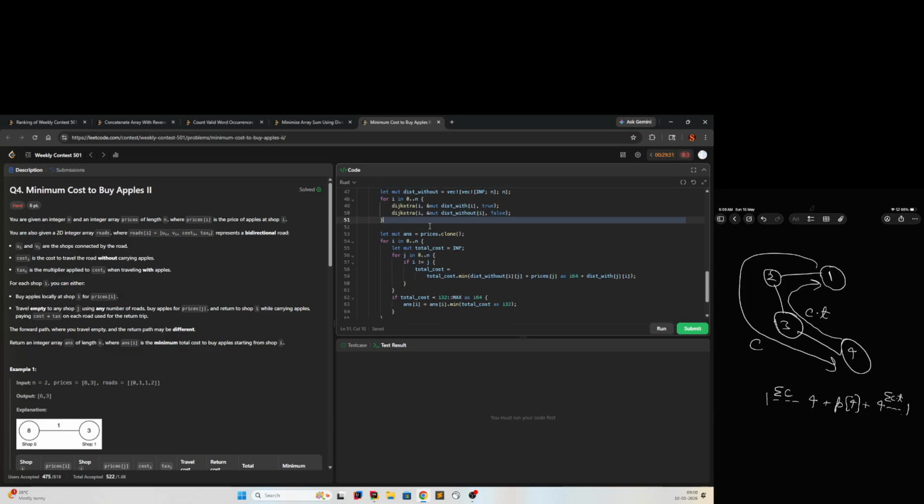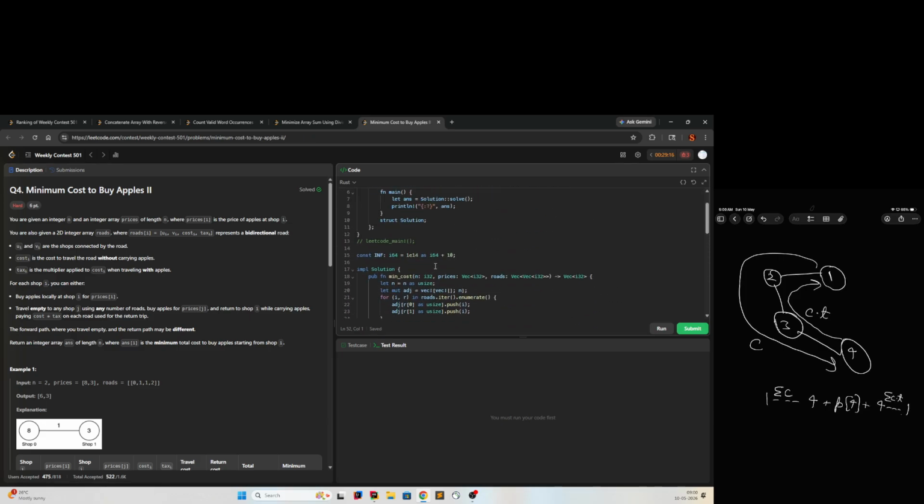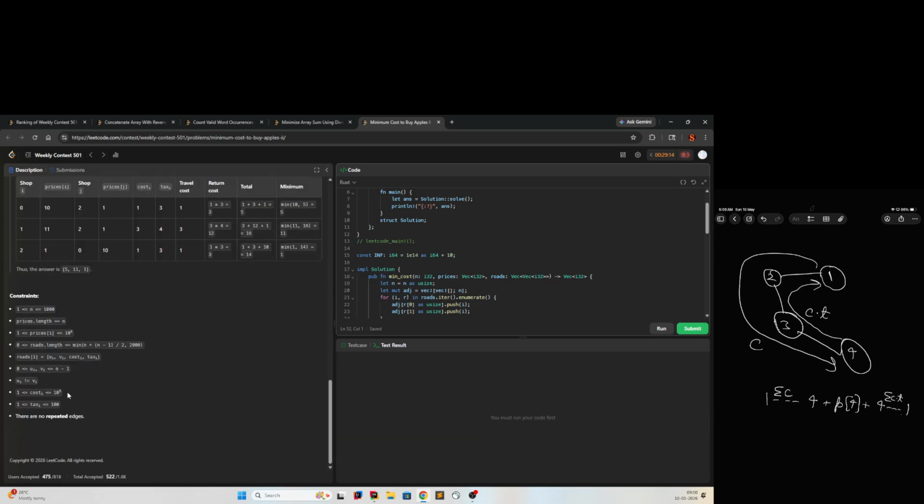Then we have to find the answer for each node, the minimum cost to buy apples starting from node i, basically. You can see that tax is only 100 but cost is up to 10 to the power 9.